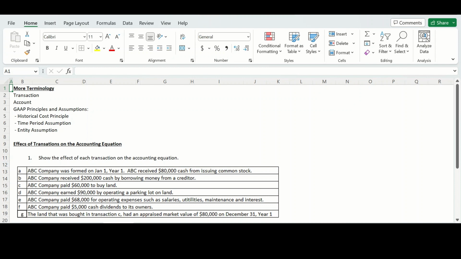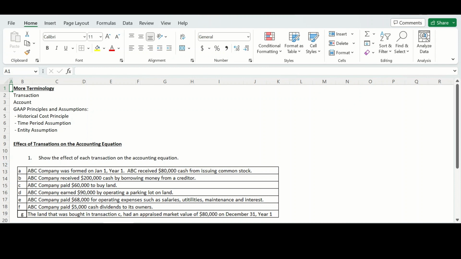So a company might decide, oh, I'm less busy in March, so my year end will now be March 31st, and that's what they'll call their fiscal year end. So their fiscal year runs from April 1st to March 31st each year.